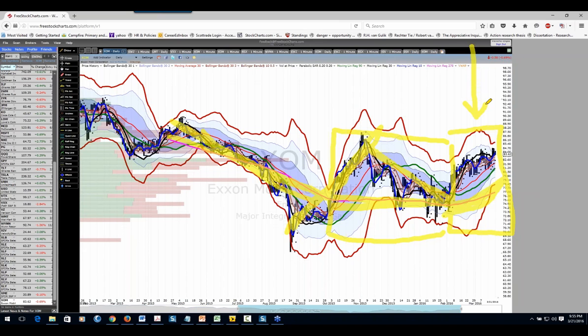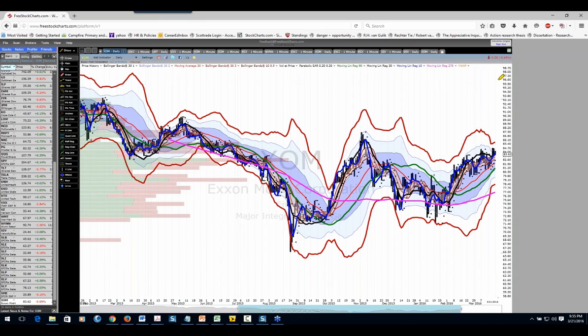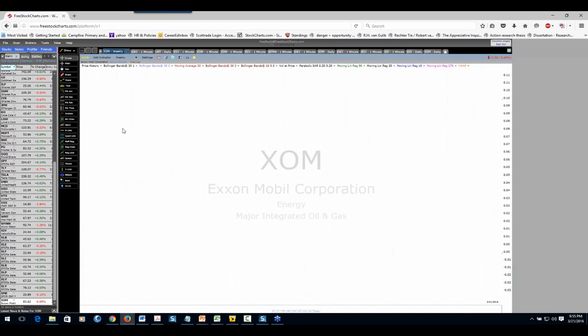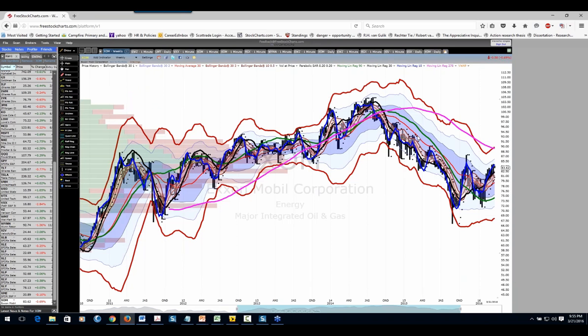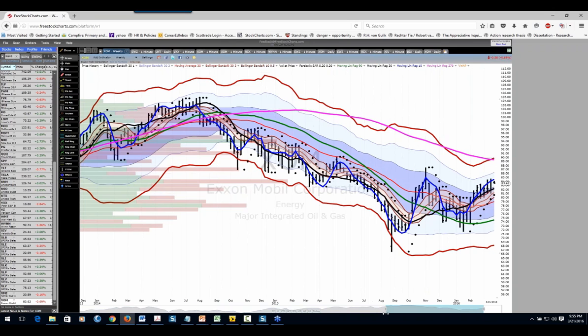If we looked at this on weekly charts, you could just dial it up. Same thing. There was that big downward move, that first up one, then the pullback.